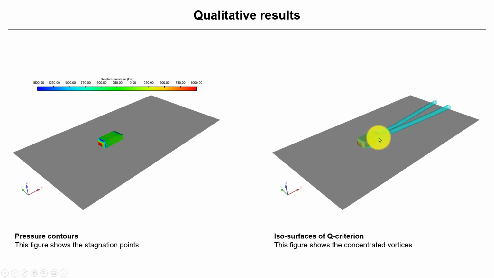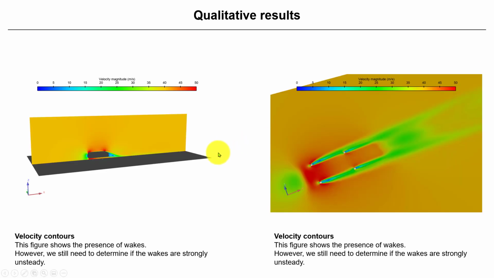Look at here. Yes, there are two big concentrated vortices here, but as you look down the body, you will see that you have the stilts, the support of the body, and those geometries, those solids can also generate something similar to the von Karman vortex street. So there are things that you need to analyze, but yes, you have some concentrated vortices.